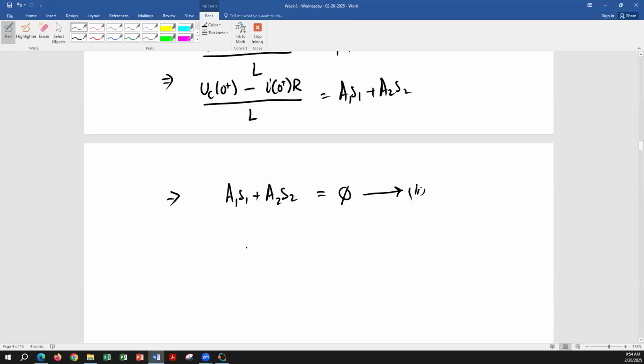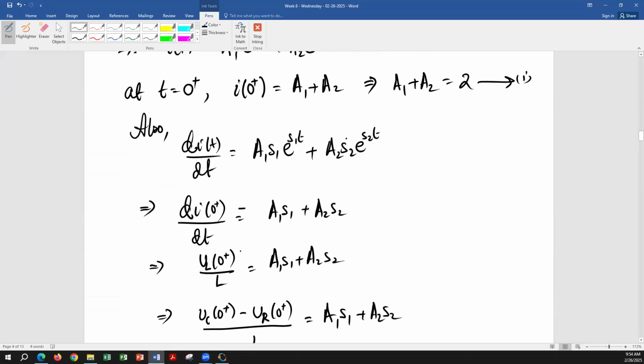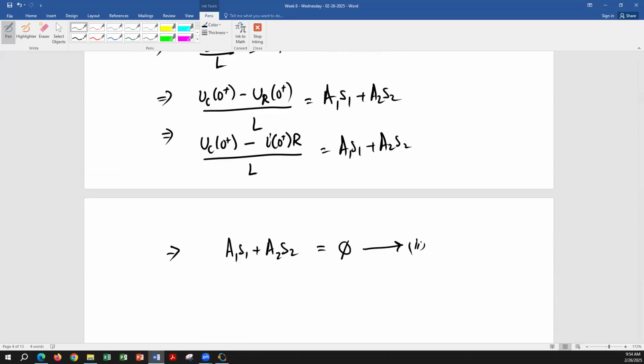So we're going to go ahead and solve equation number 1 and equation number 2 now. A1 plus A2 is equal to 2, and A1 s1 plus A2 s2 is equal to 0. So let's go ahead and solve this. So my matrix A is 1, 1, and the second row is s1, s2, and then my constants are 2 and 0.